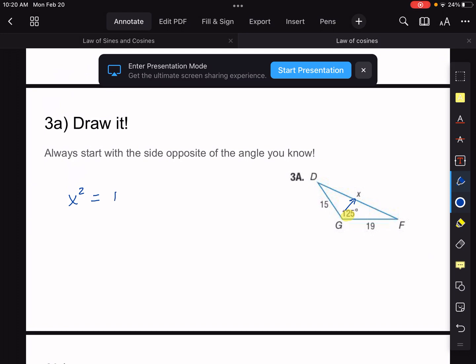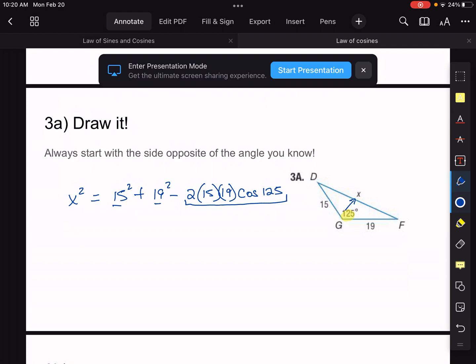So I'm going to say 15 squared plus 19 squared, and then you will always subtract 2 times those same two pieces: 2 times 15 times 19, multiplied also by the cosine of the known angle, which is 125 degrees. One thing to note is that this whole thing is just one piece. So when you're doing this out, you're going to want to write that as one number. A lot of times I'll start this whole problem with that.